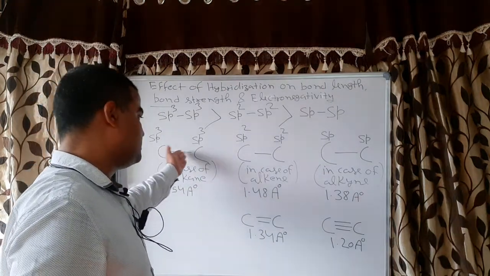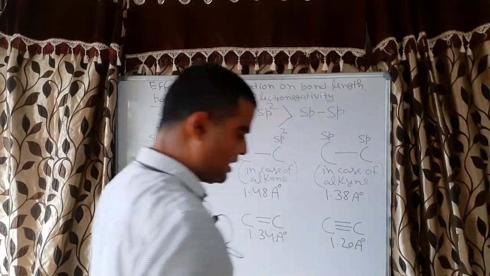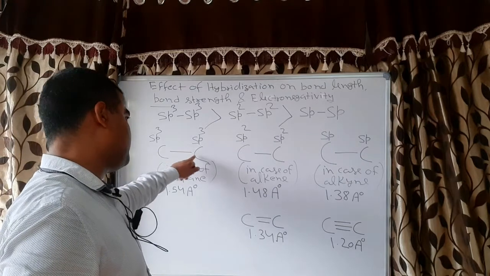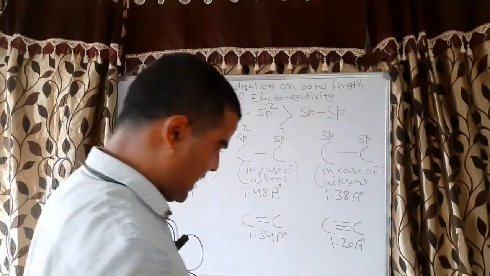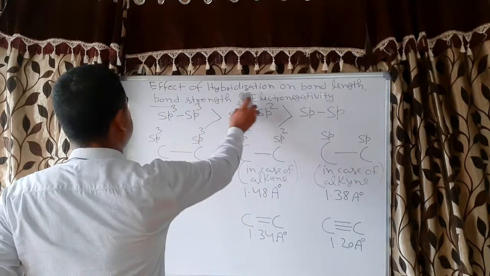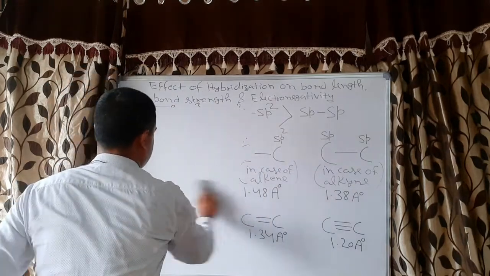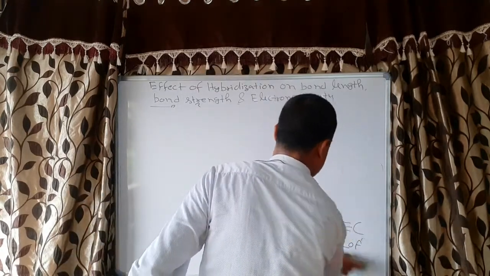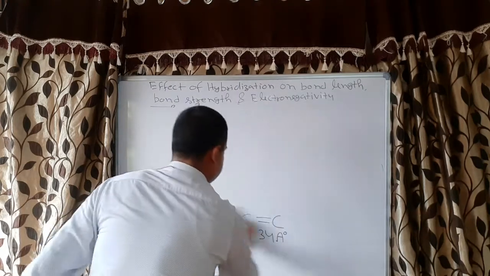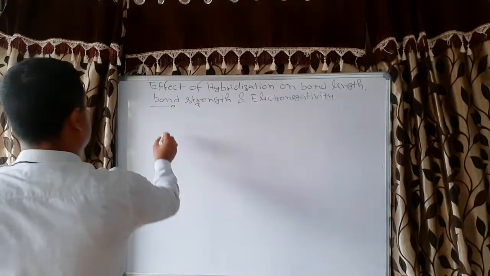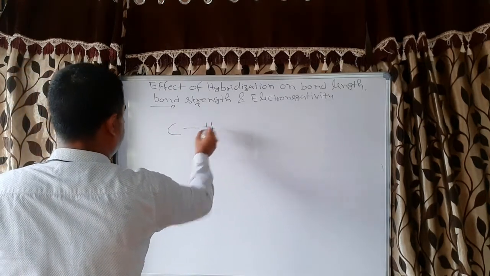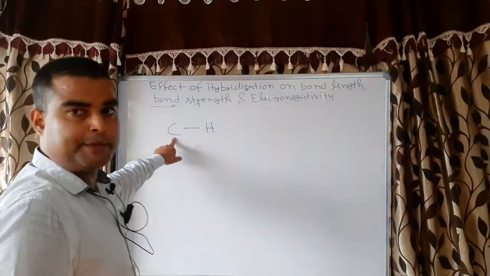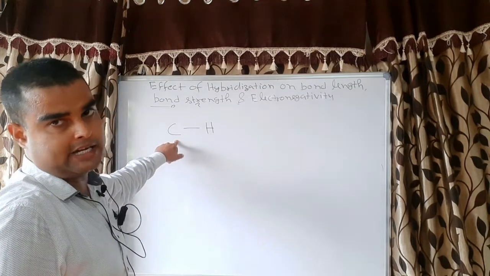So now this is the story of the CC bond. It may be single bond, double bond, and triple bond. Now come to the CH bond, because carbon can form a bond with carbon as well as with hydrogen. As you know, carbon can be sp3 hybridized, sp2 hybridized and sp hybridized.